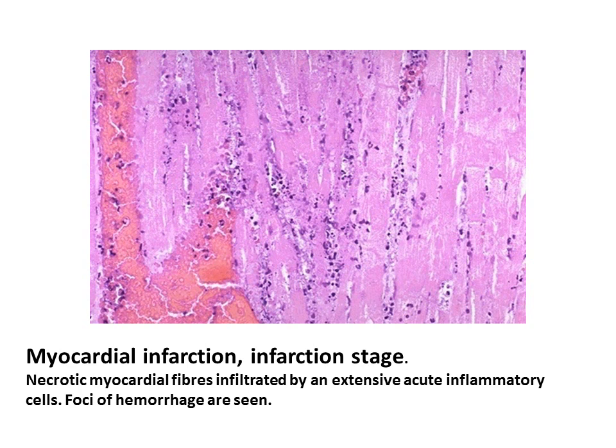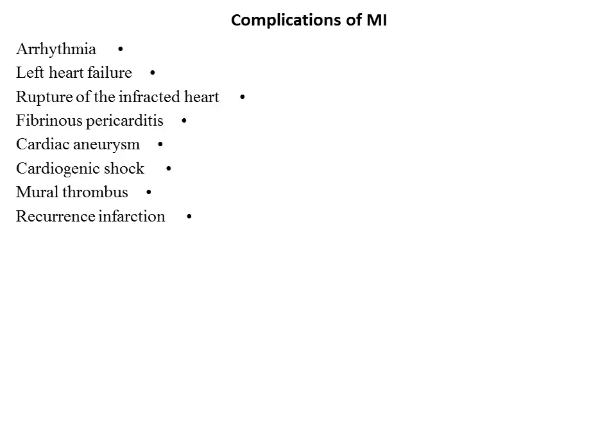Histological picture of myocardial infarction. In this picture, you can see two main zones: the infarcted or necrotic zone without nuclei or with ghost nuclei, and the congested zone infiltrated by acute inflammatory cells.